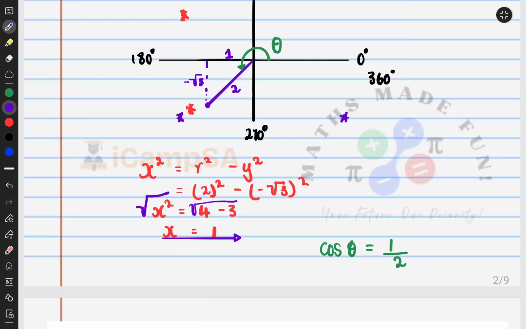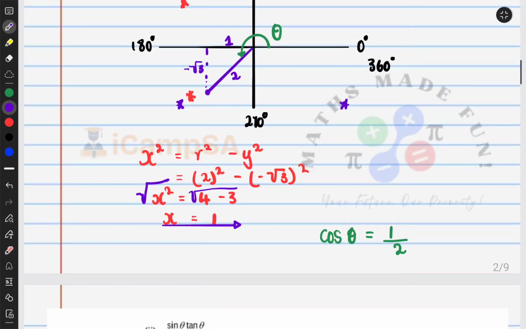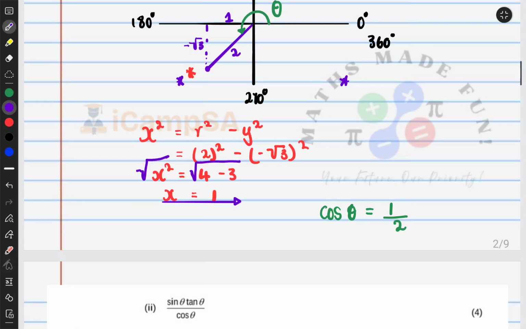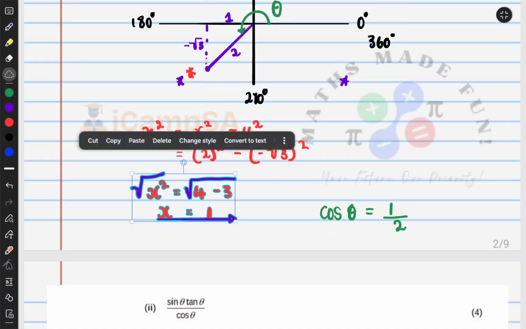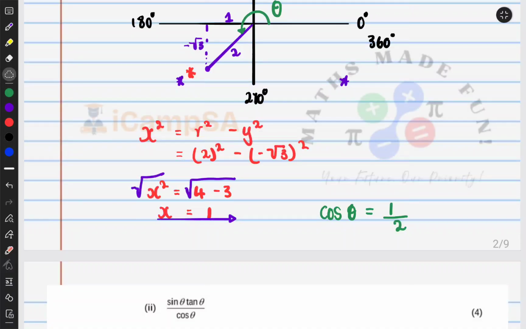Okay, I'm realizing something here. When we're introducing the square root, remember that we're going to have a positive and a negative root here. So I forgot to actually put that. Let me drop it a little bit down. Whenever you are introducing a square root, you must always account for both the positive and the negative root.